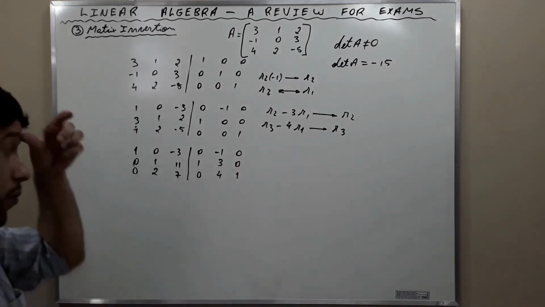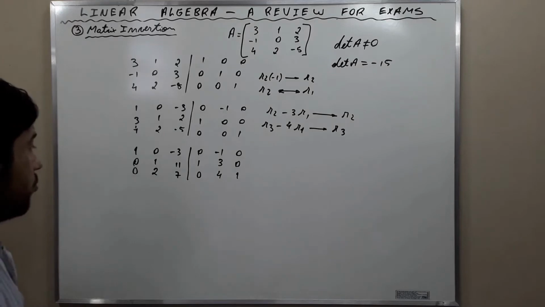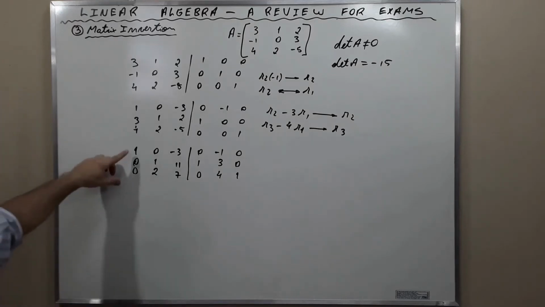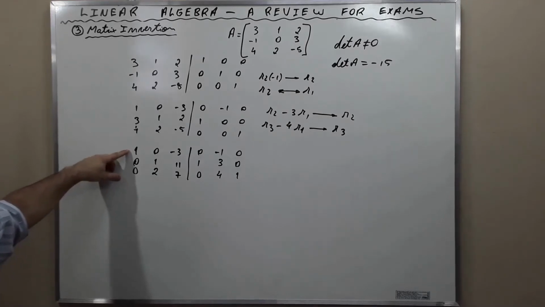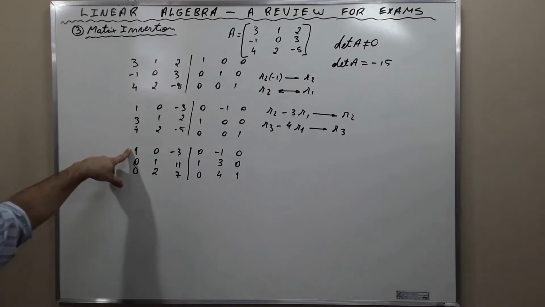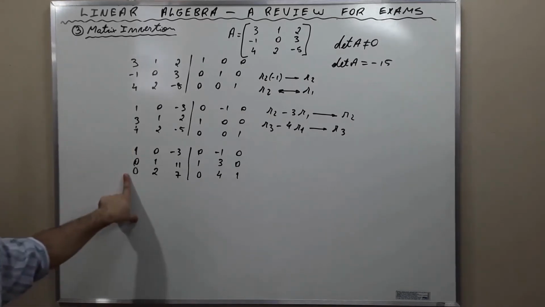What else can we do? Observe that the identity matrix is appearing here, okay? We have one here, leading this column, and below it, only zeros.